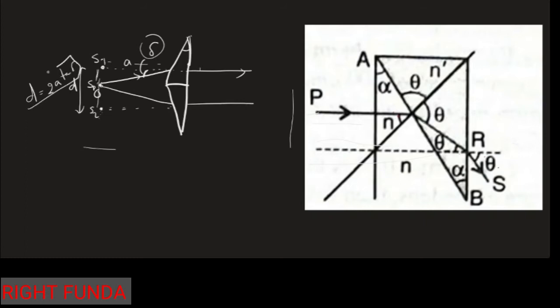So the first foremost task right now is to calculate this delta, the angle of deviation suffered by the ray due to refraction by the prism. We'll calculate the angle of deviation using the formula.